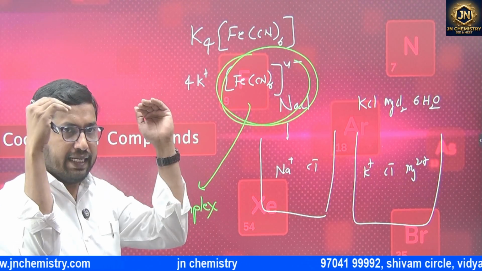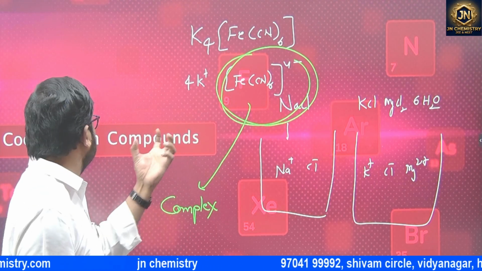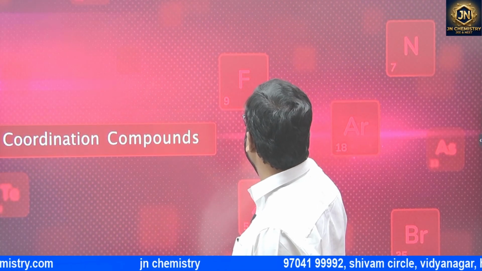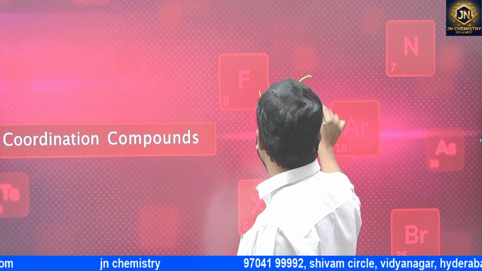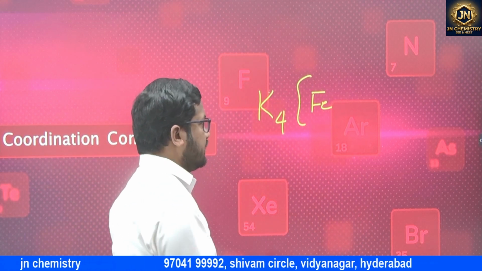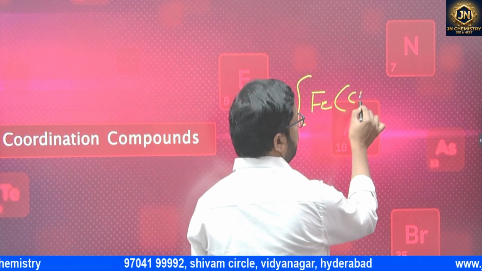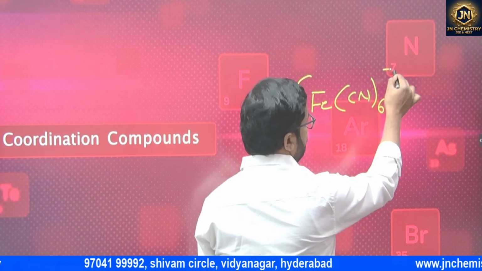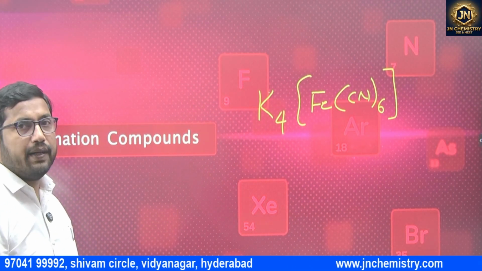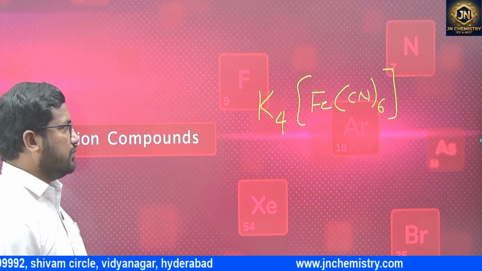[Fe(CN)6] is like that, a complex compound or coordination compound. For example, K4[Fe(CN)6] is a complex compound, a coordination compound.